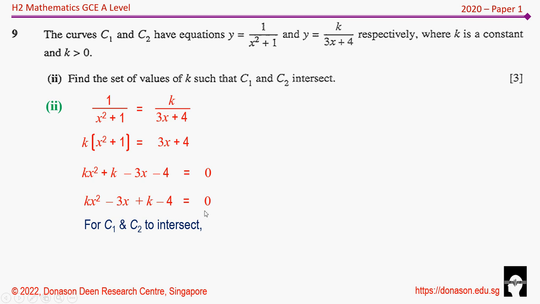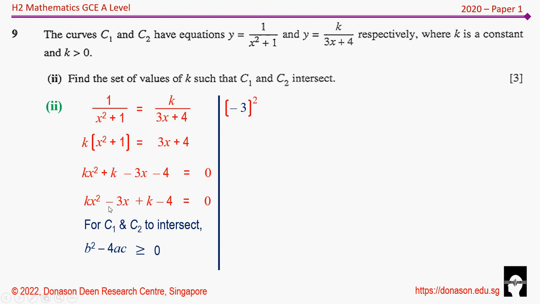You know what I mean by discriminant: b squared minus 4ac must be positive, so that the roots become real roots. And if the roots are real, then we know that this equation has a real solution, right? So b squared minus 4ac is greater than or equal to 0.